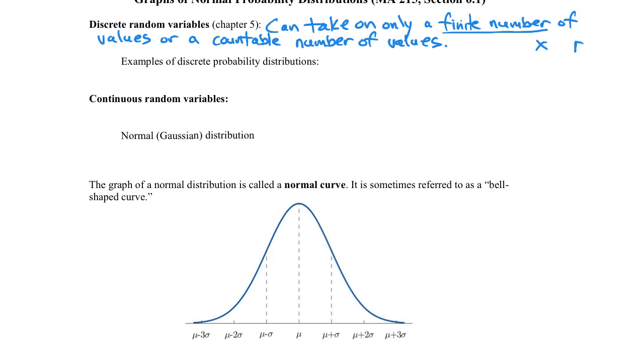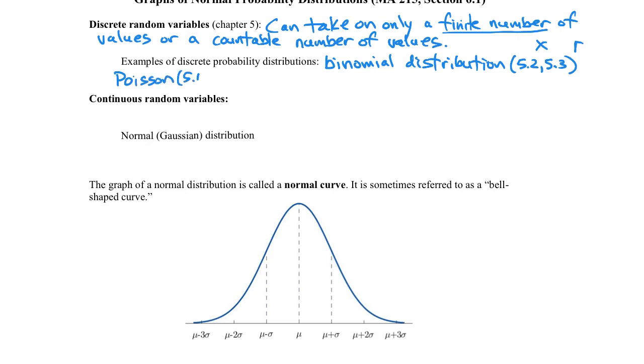So some examples of discrete probability distributions. Well, the one that we studied was the binomial distribution. This was in section 5.2 and 5.3. Some other ones that I'm going to mention, some that you may see if you take another stats class, you would probably see this one, which is called the Poisson.